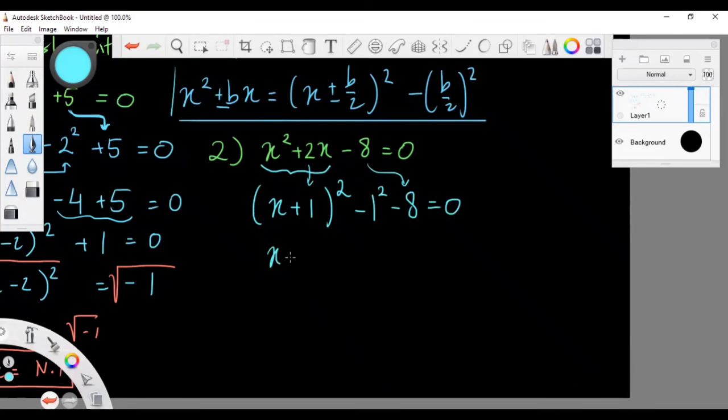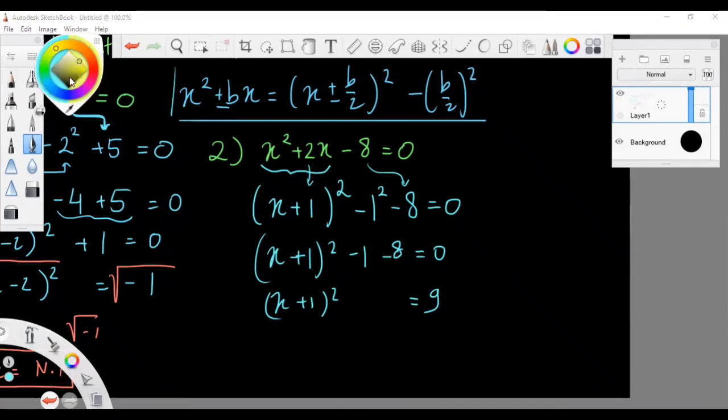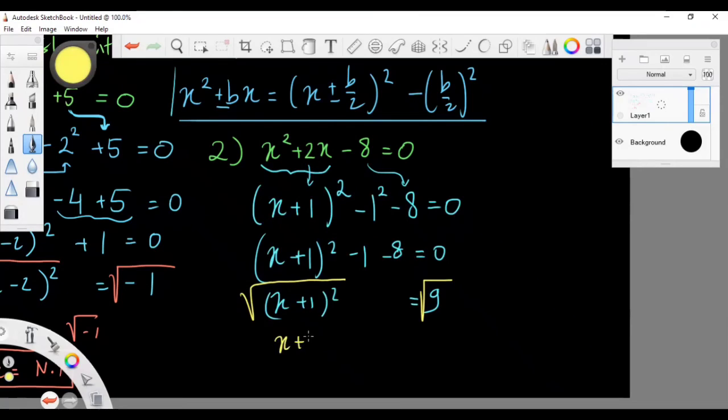So x plus 1 bracket square minus 1 minus 8 equals 0. So x plus 1 bracket square minus 9, or equals 9. As simple as that. And then what you can do now is square root both sides. As simple as this. Square root, so annihilate the square. So x plus 1, that's all.